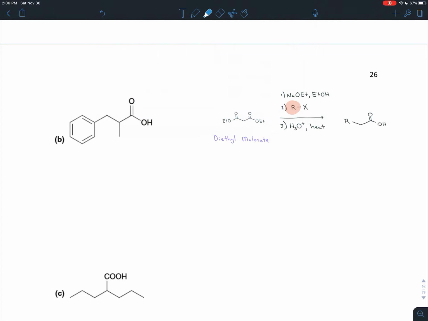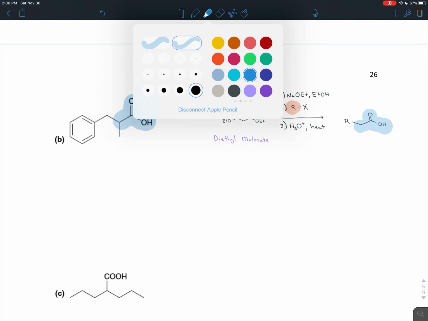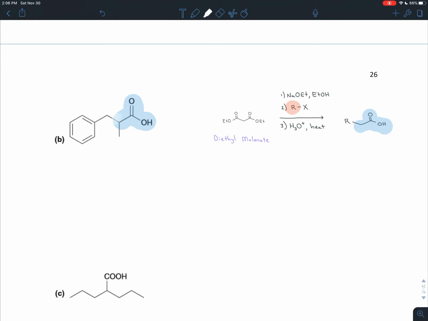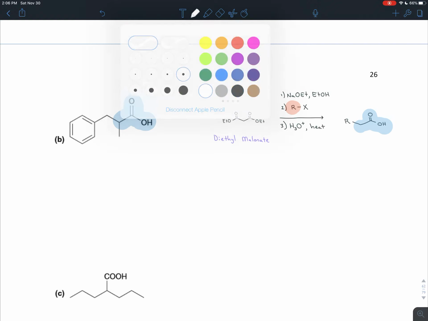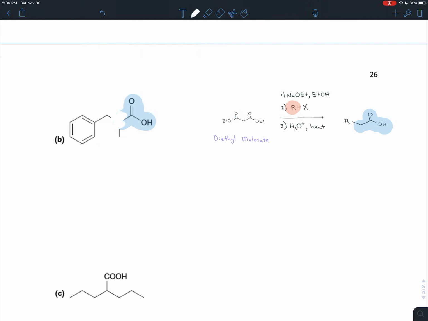We saw that the groups coming from diethylmalonate are 2 carbons and the carboxylic acid. So if we take the carboxylic acid and the carbon next to it, and we erase those, we don't just end up with 1 carbon chain, we end up with 2. And make sure you're erasing both of the carbons, because the diethylmalonate adds 2 carbons, so you erase both. Now we have 2 carbon chains here.